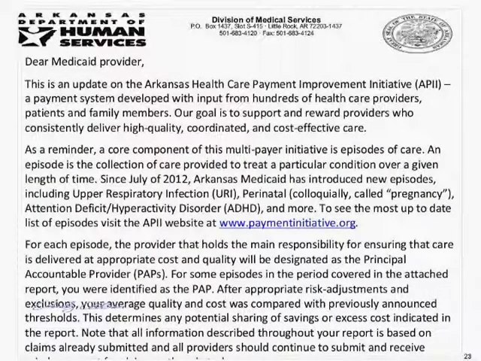The second page is a letter from Andy Allison, our Medicaid director. There is a lot of useful information in this letter regarding the Arkansas Payment Improvement Initiative, so I would encourage everyone to read this letter. The one section that I would suggest you look at is the fourth paragraph.